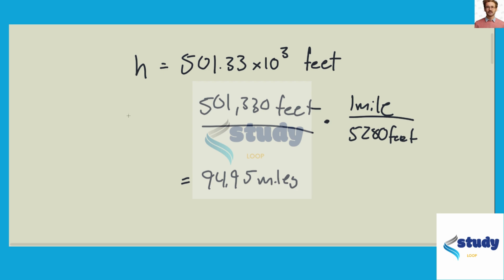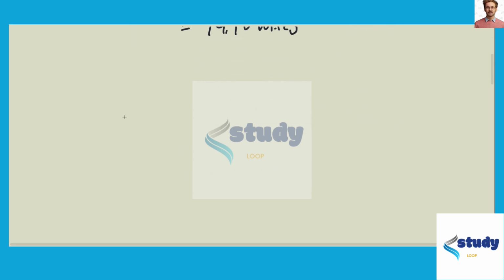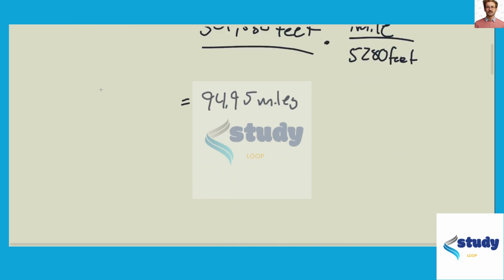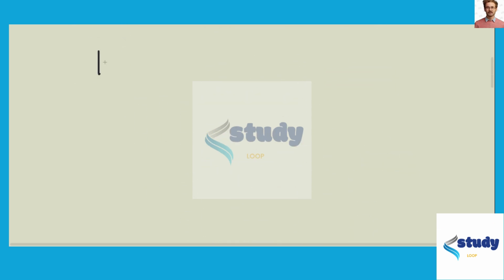All right. Next, we're going to need the same equation. We have to find what a 100-pound man weighs at h equals 29,131 feet.